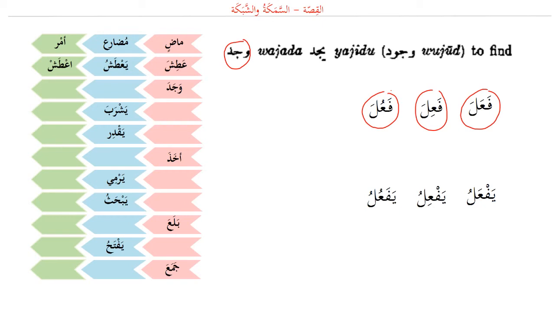So how do we find out what is the difference between these 3 patterns, Abdullah? What is the difference between these 3 patterns? Fa'ala, fa'ila, and fa'ula. Very good. Only the haraka on the ayn is different. Okay. So to find out the haraka on the ayn, we have to use the mu'jam. What steps would you do? Where do you look in the mu'jam?